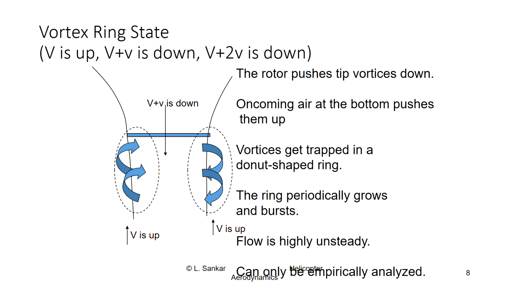So you need power. T times (capital V plus lowercase v) is a positive number. Therefore, you need to supply power from the engine when you're descending at very, very low speed. If you don't have engine power, you'll start dropping like a rock until capital V increases, which is the next state.